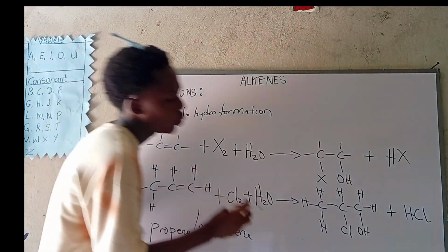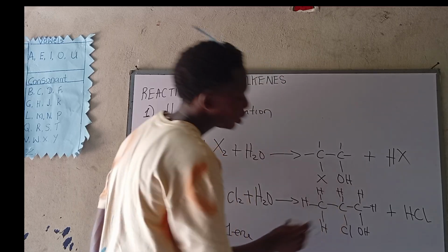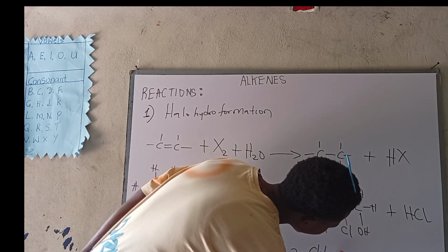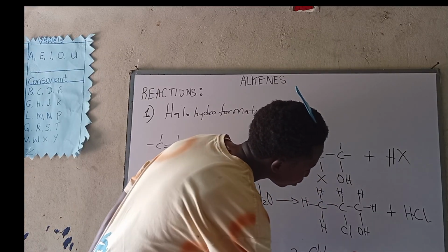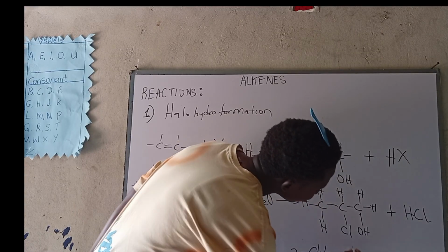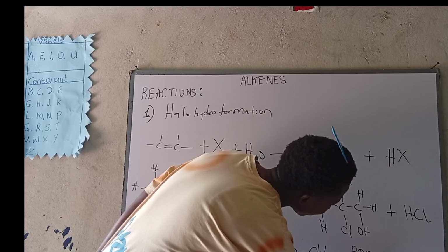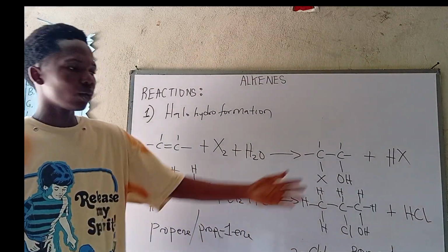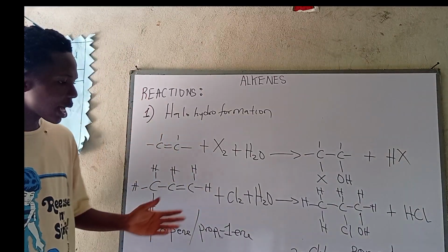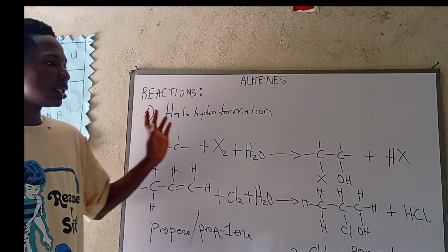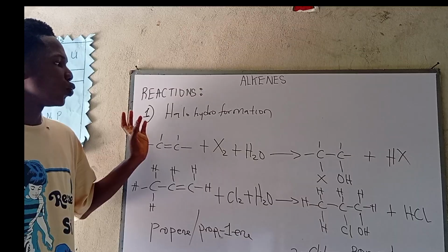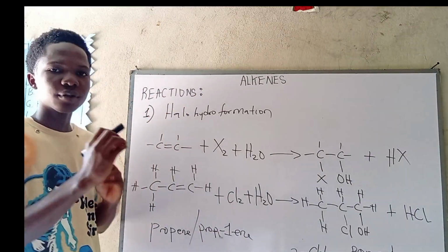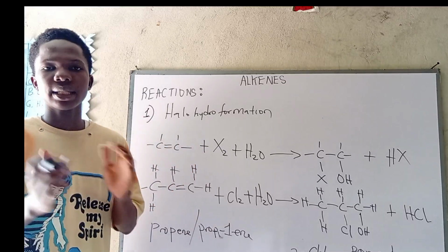We know that this is on the second carbon, so it's going to be 2-chloropropanol and our HCl there. This is how the reaction, which is halohydroformation, looks like. It's as easy as this. You just have to get the breakdown point and ASAP, you know it.